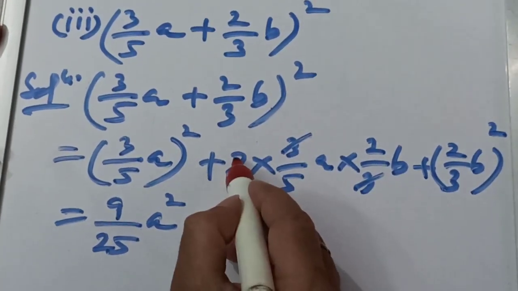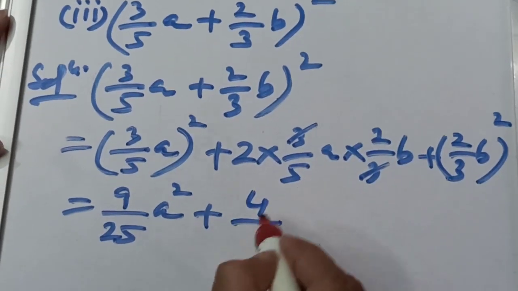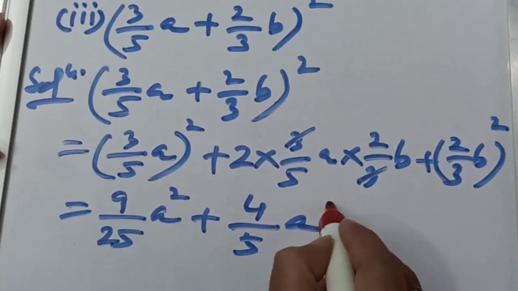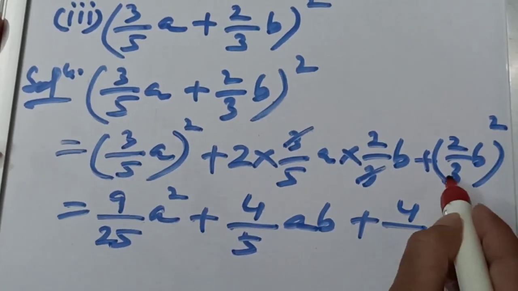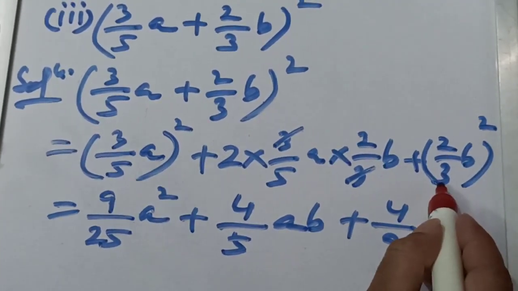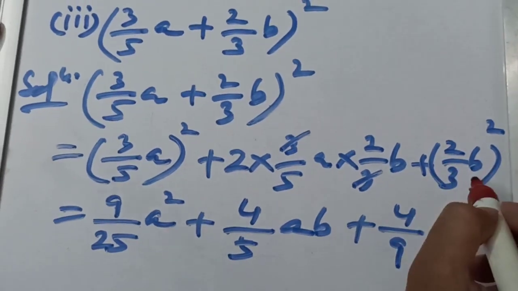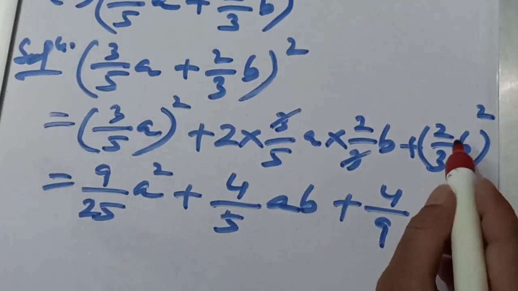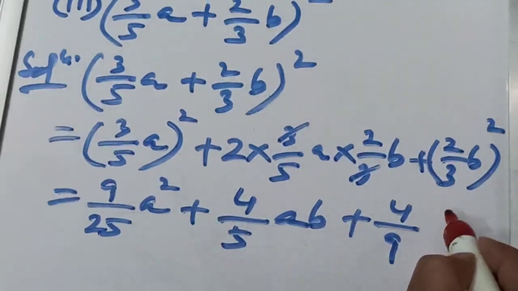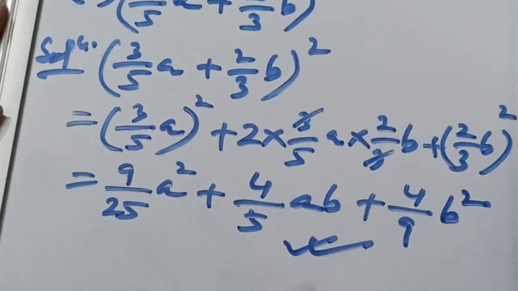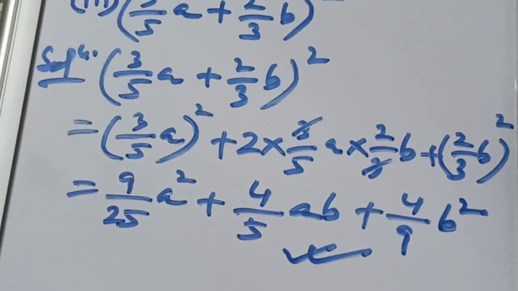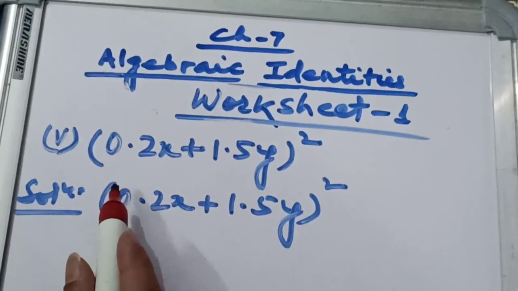After that 2 into 2 is 4, 5 into 5 ab, plus again 2 into 2 is 4, 3 into 3 is 9. The number in the bracket is multiplied by itself, and we write b square. Clear? See the next question.